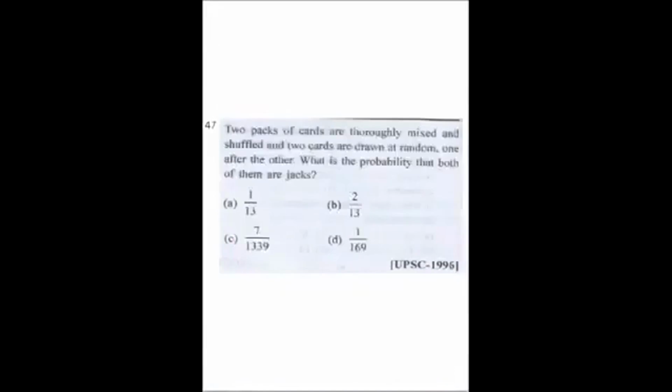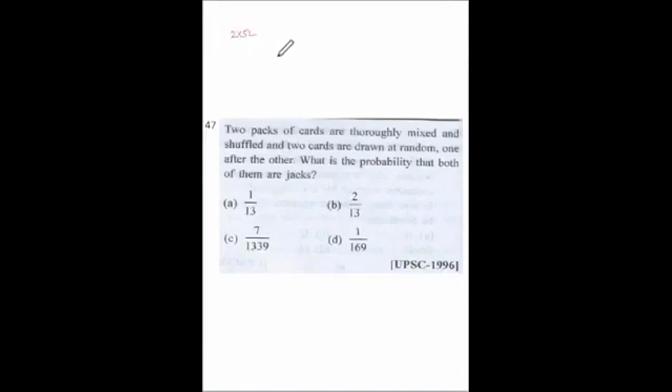2 packs of cards are thoroughly mixed and shuffled and 2 cards are drawn at random one after the other. What is the probability that both of them are jacks? So when we are having 2 packs, it means 2 into 52.